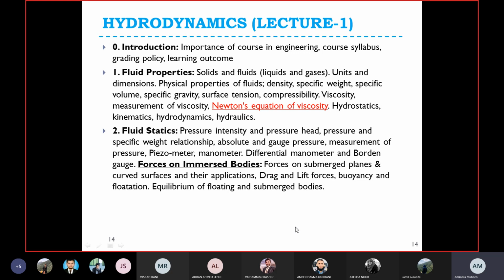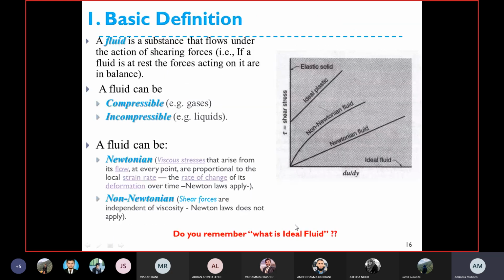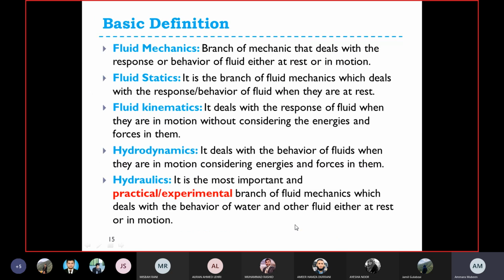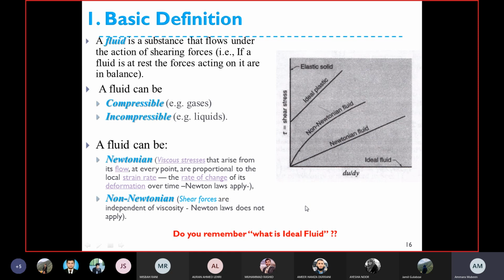Let's start formally the first topic. Just before doing the first topic, you should know the branches of fluid mechanics and their definition. We already have discussed it, and you can study it by yourself. So, the basic definition starts from the definition of fluid, since hydrodynamics is the branch of fluid mechanics.